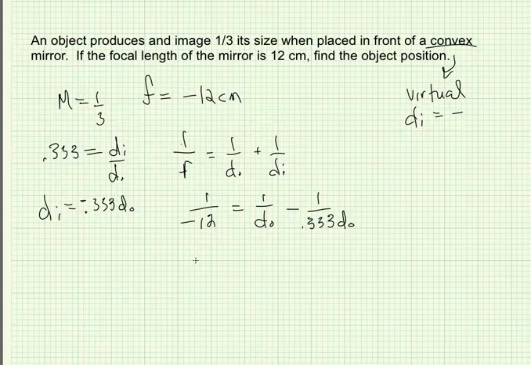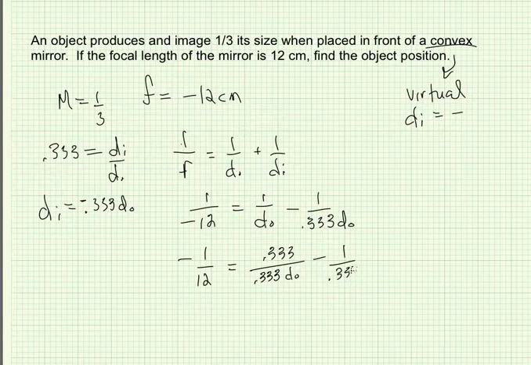So let's take a look at this. That's going to give me negative 1 over 12 equals 0.333 divided by 0.333 DO minus 1 over 0.333 DO. Now this actually is good because our object distance, I can't think of an exception when it's not going to be positive.